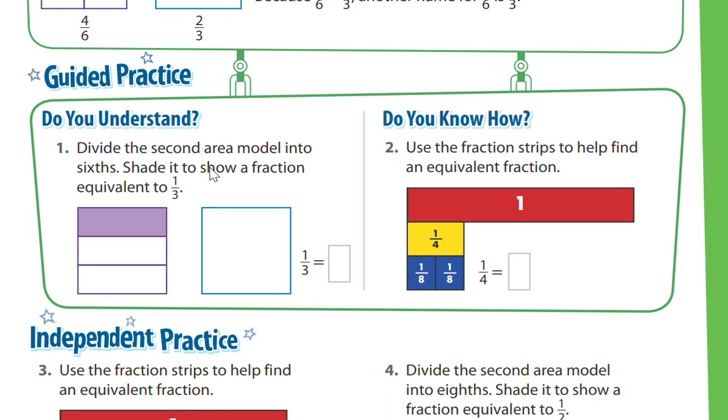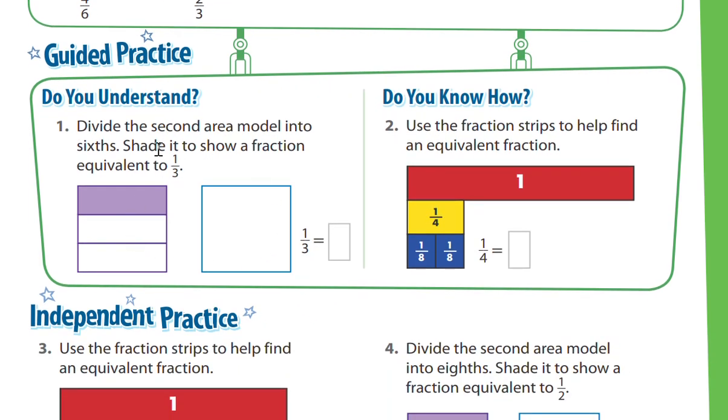Let's go ahead and take a look at number 1 here. Number 1 says divide the second area model into sixths. Shade it to show a fraction equal to 1/3. If I split this fraction up into thirds, just like we see it first, these look very, very similar to one another, right? Well, I'm supposed to be splitting it up into sixths.